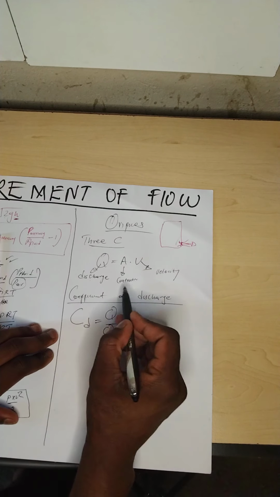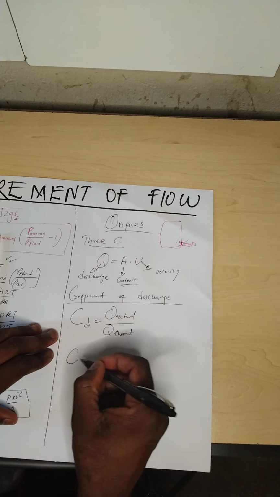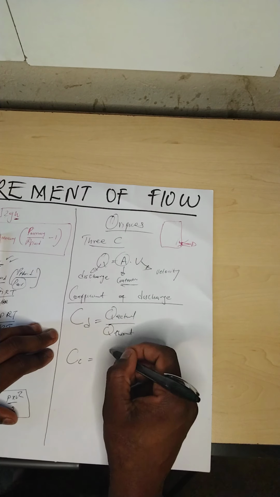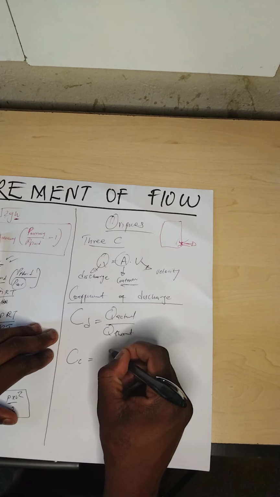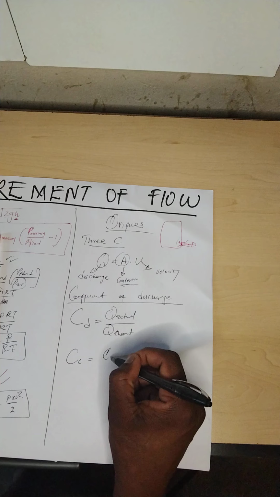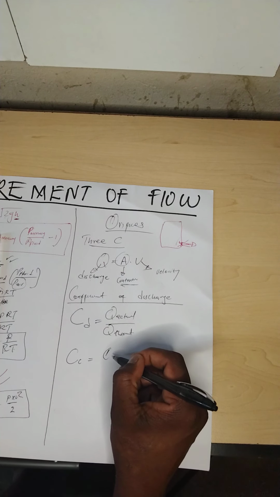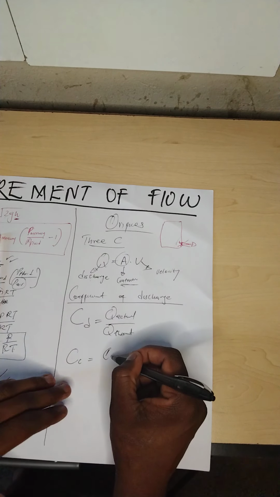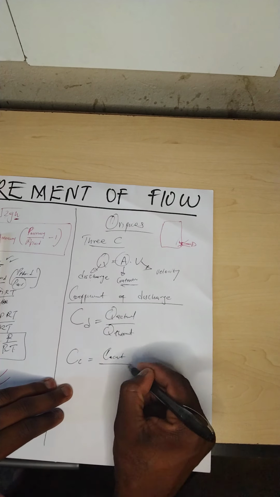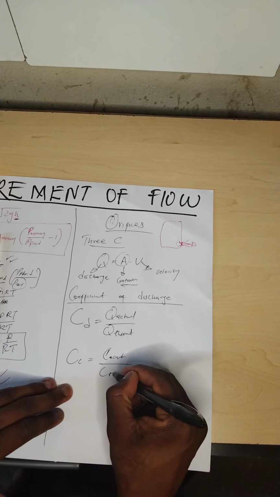Then you go into contraction. The coefficient of contraction equals what? Area, because you're working on area. It's C actual divided by C theoretical.